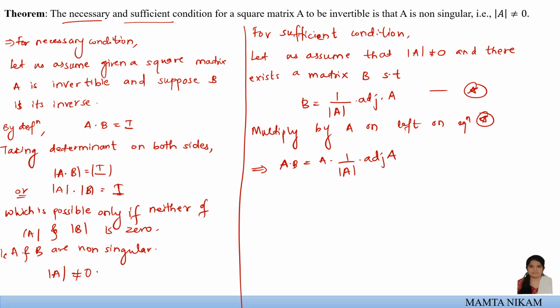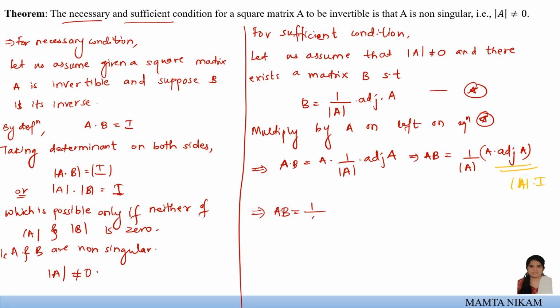So we can write this as AB equals to 1/determinant of A into A into adjoint of A, and we have just discussed a relation. We have a relation which says A into adjoint of A क्या होता है, determinant of A into I, right? Yes or no?